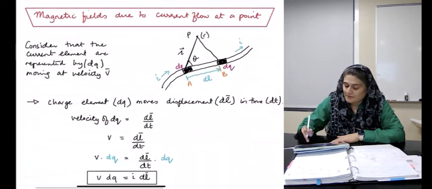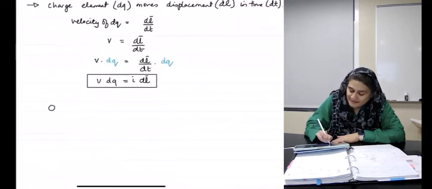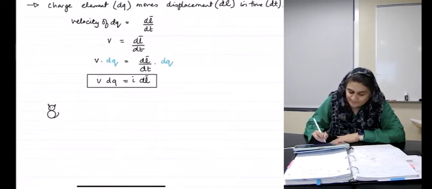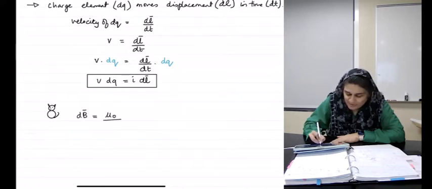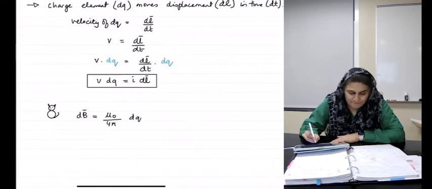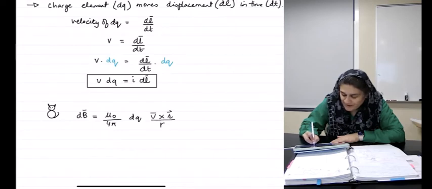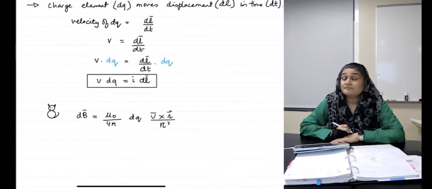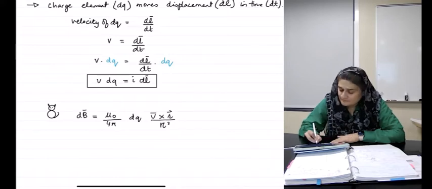So my kitty cat equation, I'm going to rewrite this again as dB for the small element equals mu naught over 4 pi dq v cross r divided by r cubed.